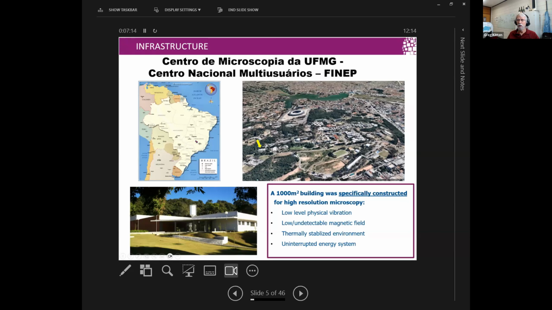We called people from engineering and traveled all over the world to make a plan for this building. It's very well known here in Latin America. It has a very low level of vibration, controlled magnetic field, thermal stability, and an uninterrupted energy system. It's a very nice building that's been used as a model for several places.